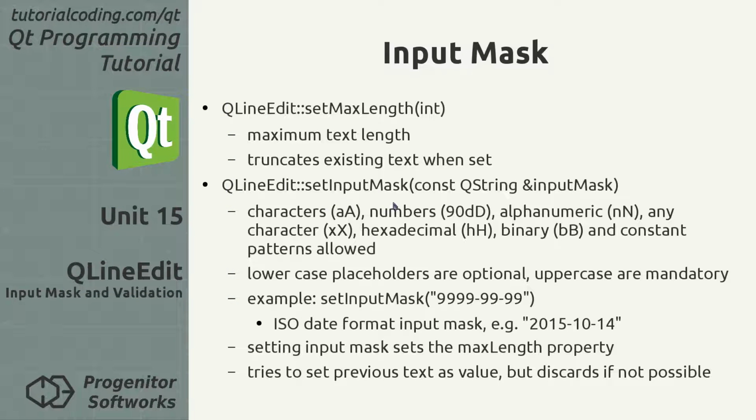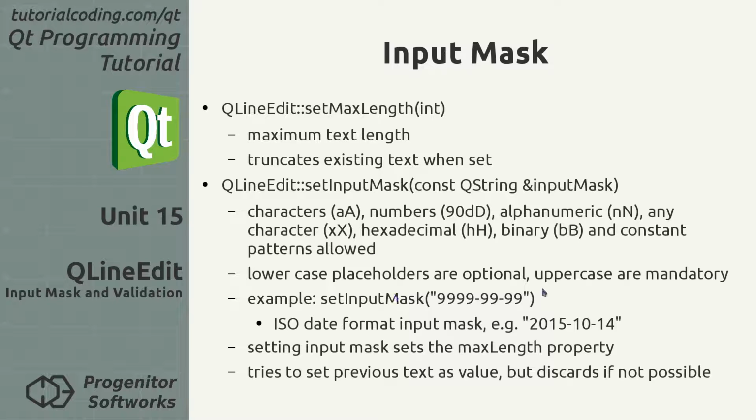The setInputMask method of the QLineEdit class takes a string and it applies a constraint which says each character position in the input mask can be an optional or a mandatory value. And these wildcards that specify this can be characters, numbers, alphanumeric values, any character, hexadecimal values, binary values, and constant patterns.